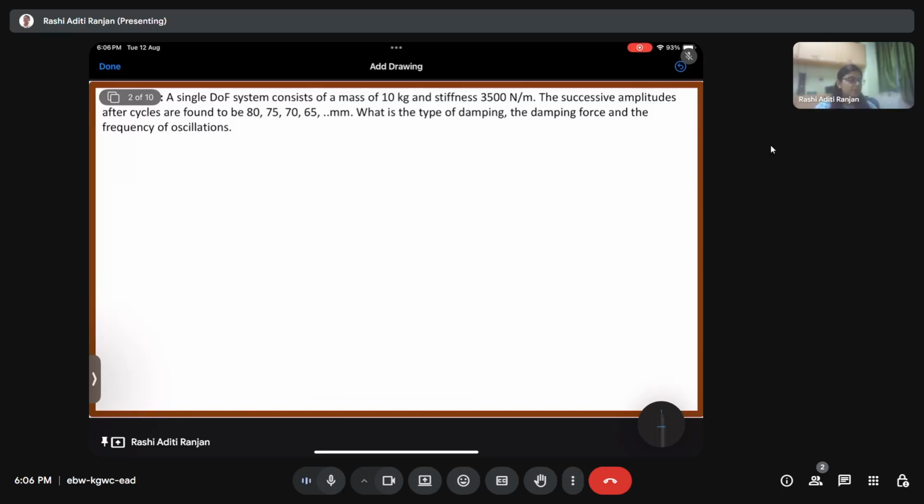So if you remember, coulomb damping was essentially about how friction is going to affect the movement of our system, right? In viscous damping, we were considering that there is a dashpot and the force coming because of that dashpot is of the form C into x dot, where x dot was the velocity.